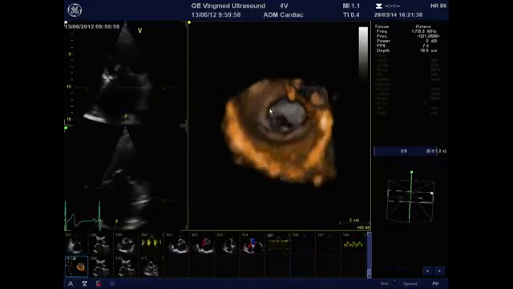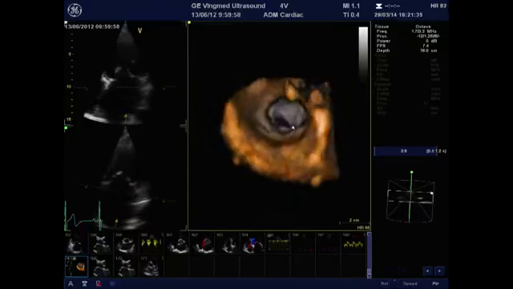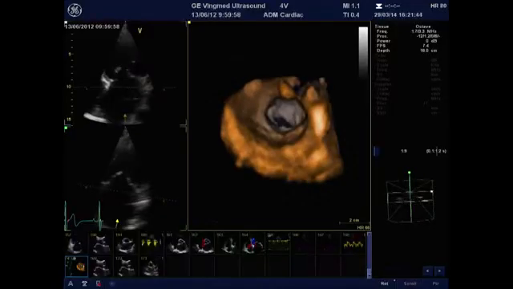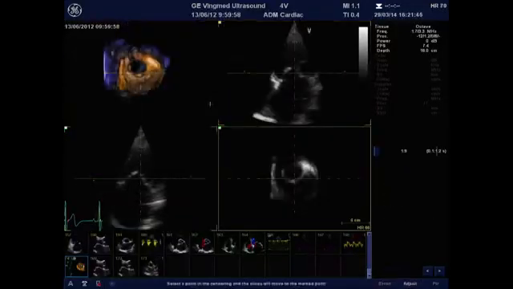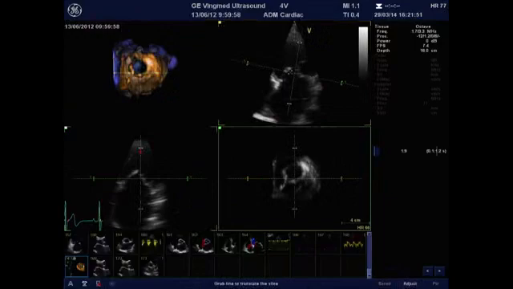Here is the left atrial appendage. This is the anterior mitral leaflet. This is the posterior mitral leaflet, and this is the orifice opening in diastole. You can freeze on the volume like this. You can use multi-slice, and what you can do is orient your planes and cut in different directions to have really the smallest orifice available.